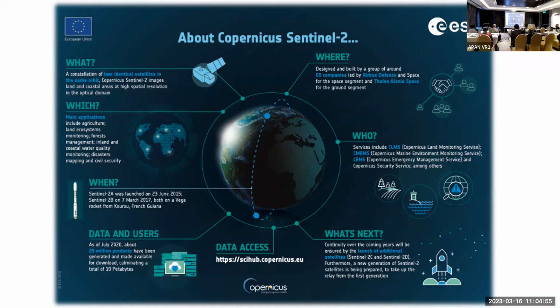We can use near infrared to detect which part of the world at a resolution of 10 by 10 meters. This is very useful in agriculture, forest management, and inland coastal water quality.